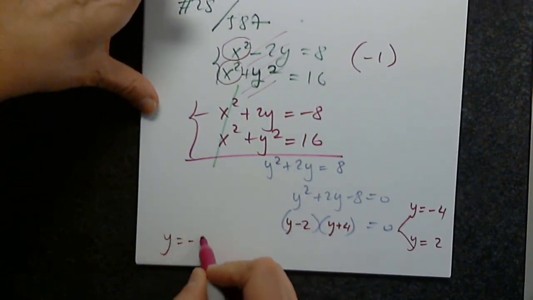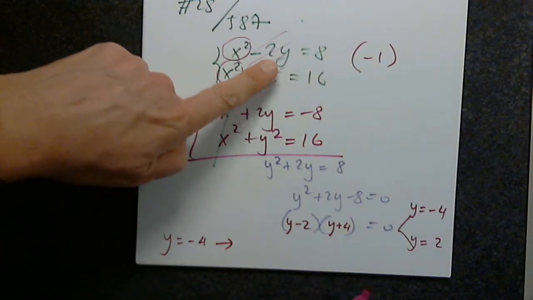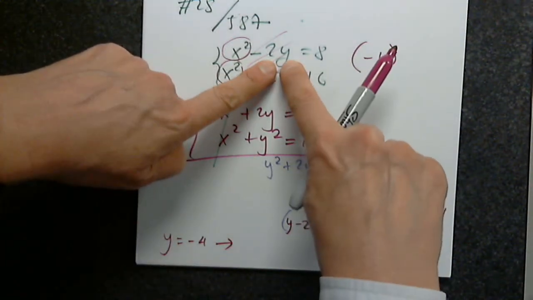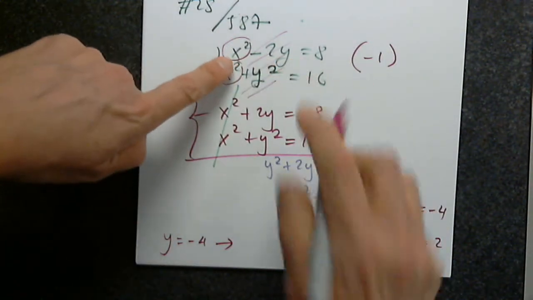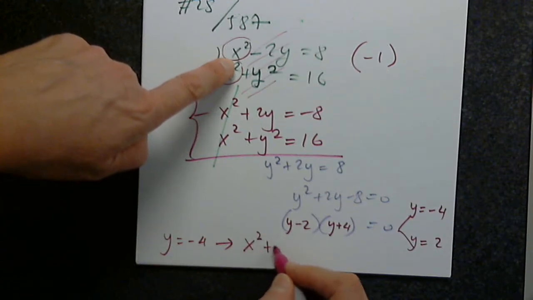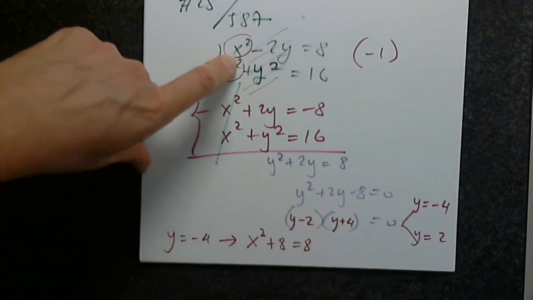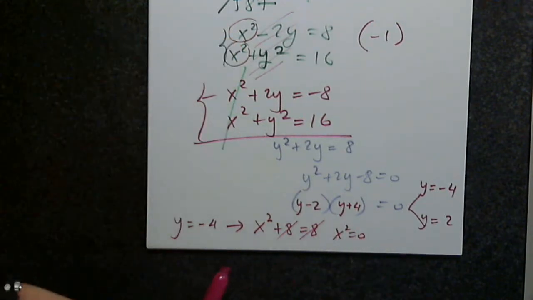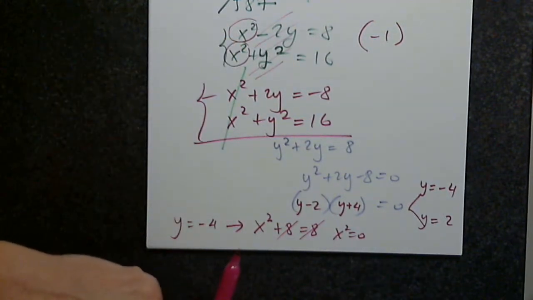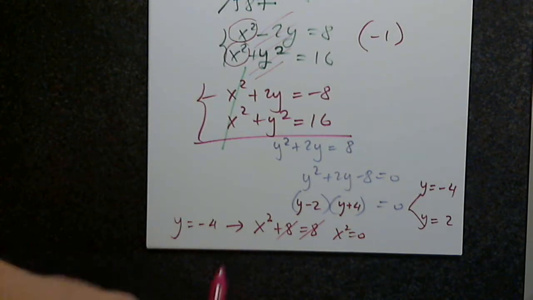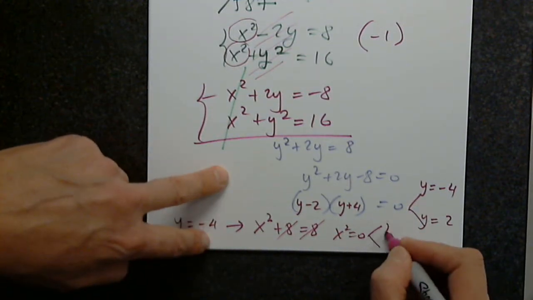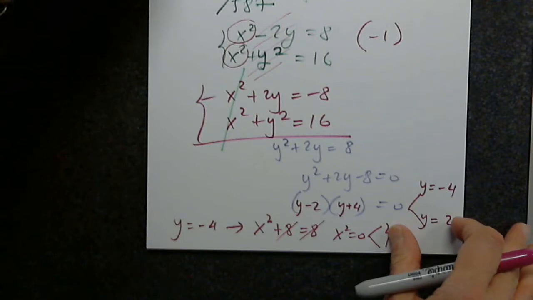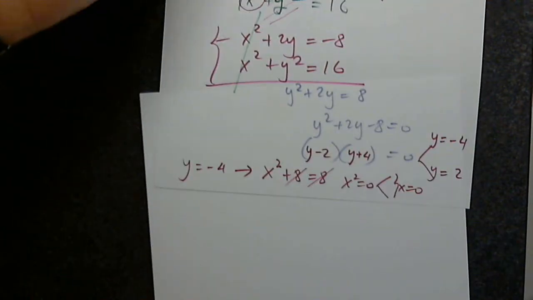But when y equals -4, I have to go back. I'll go back here, first equation. X squared plus 8 equals 8. Oh. So then x squared equals 0. How many solutions? What is the multiplicity here? 2. It will be a term, but we're not graphing. So x equals 0. So the first solution is 0, comma, -4.